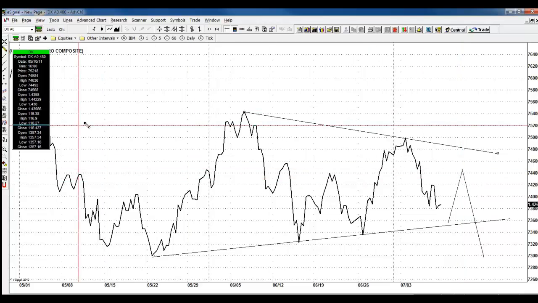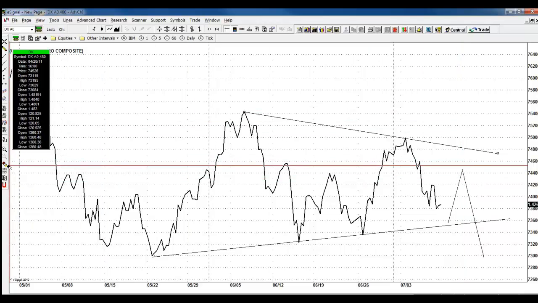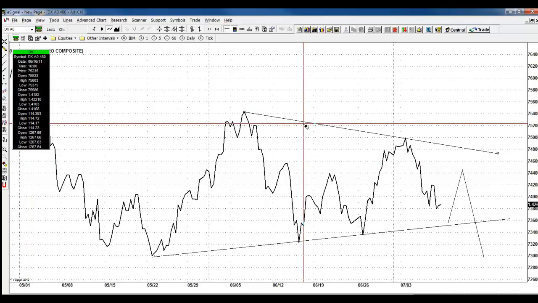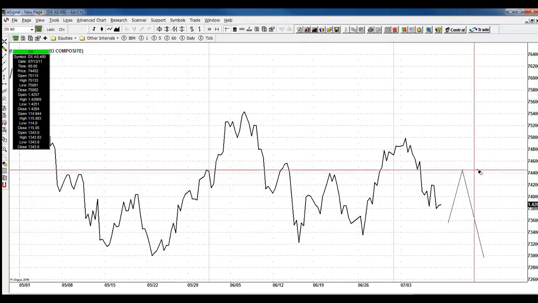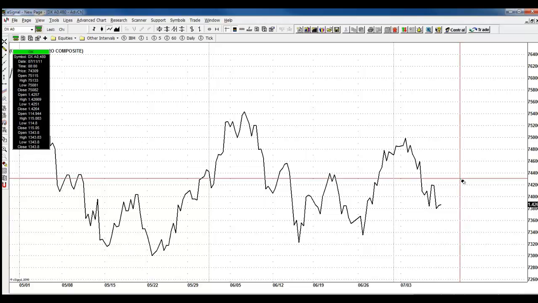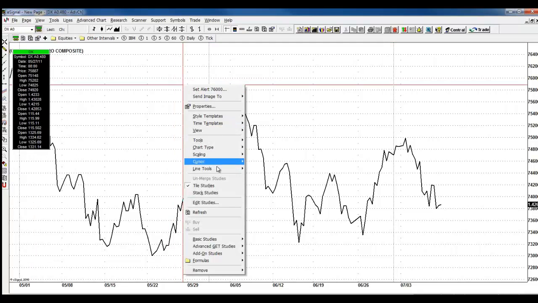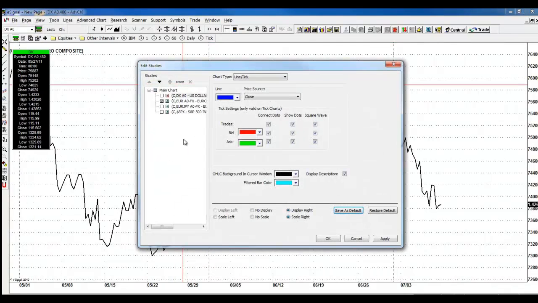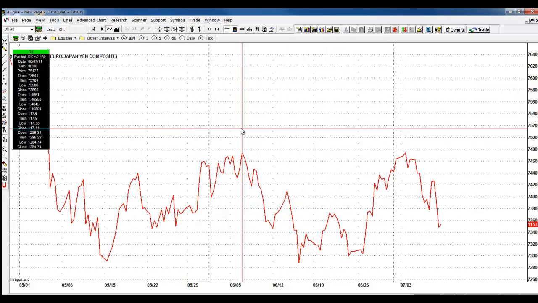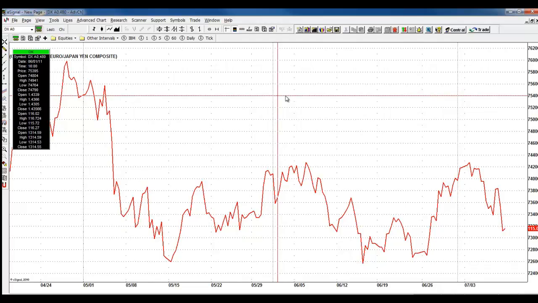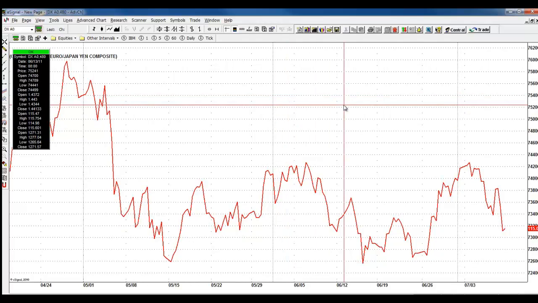Now, it's been very interesting. This is the euro dollar. All right, let's take this, and I'm going to put over this pair. Okay, this is the euro yen.